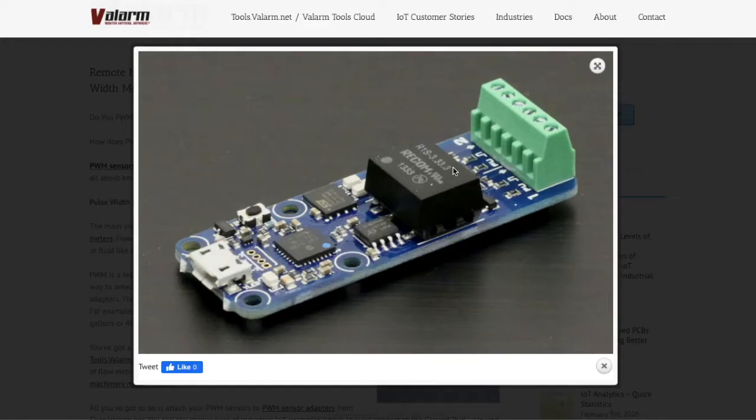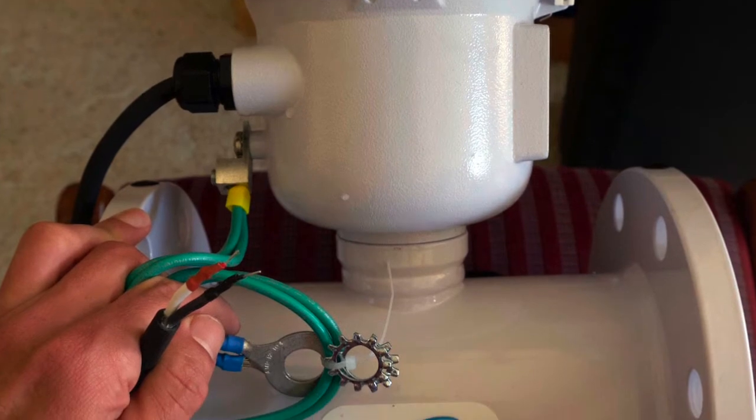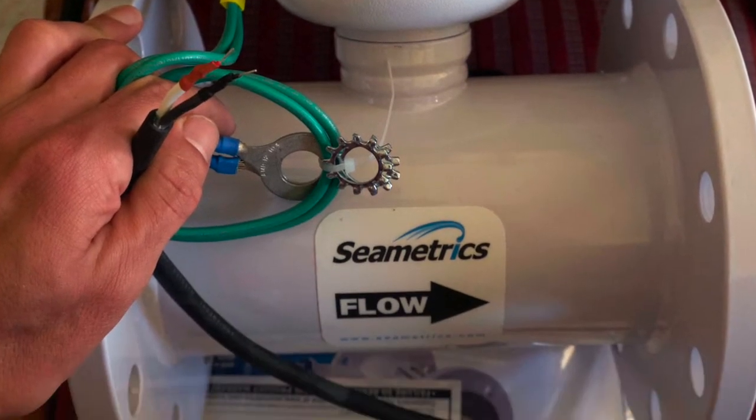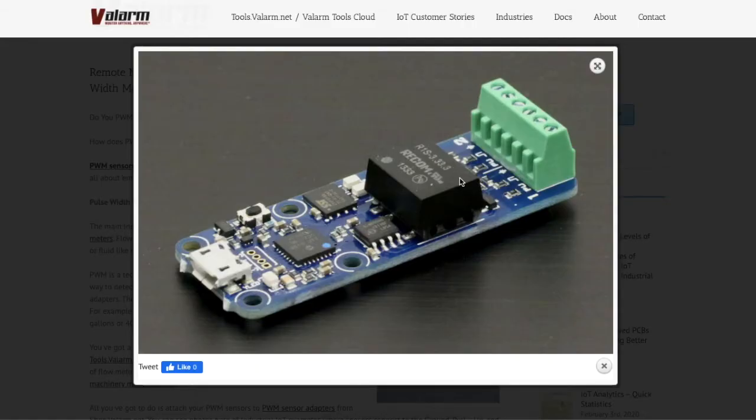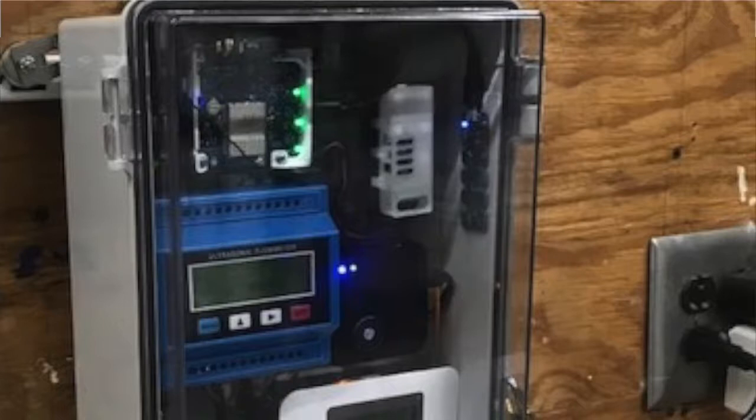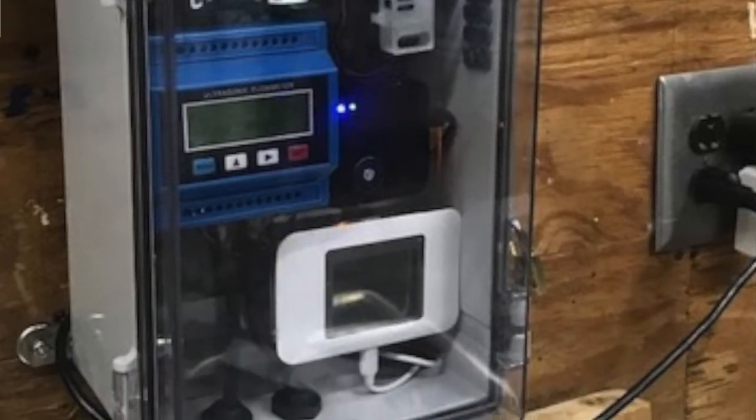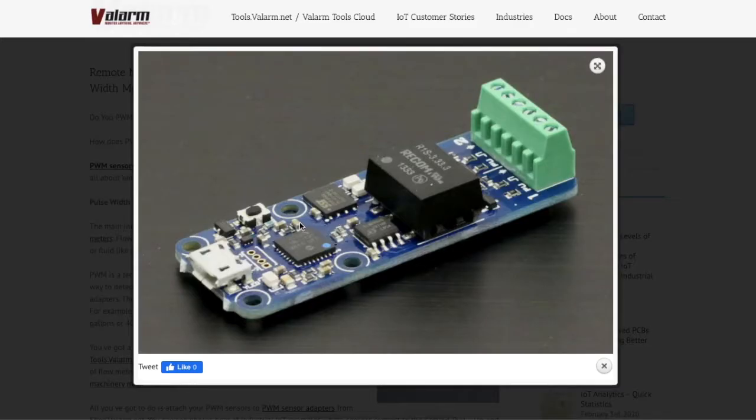PWM sensors, like you see in this photo, a sensor adapter for connecting to pulse output PWM sensors. These are quite amazing, super useful, and versatile. So what exactly are they? You'll learn all about them in this here story.